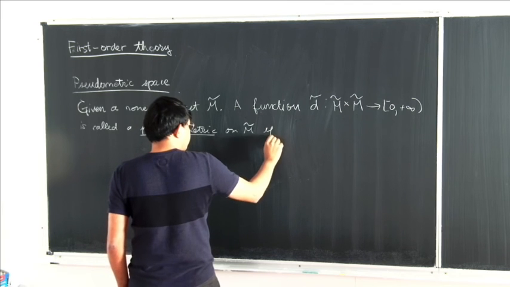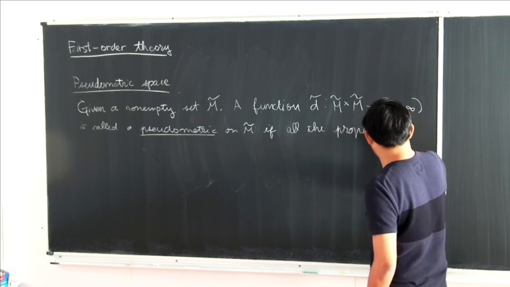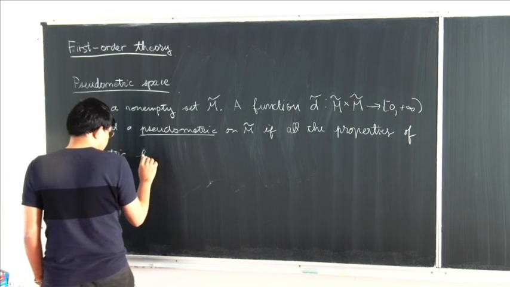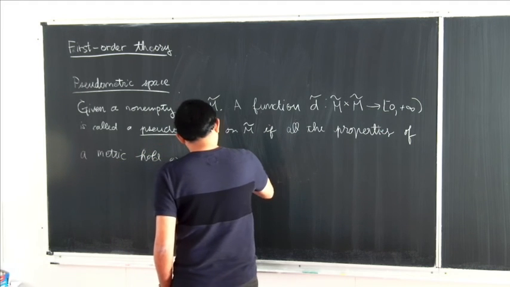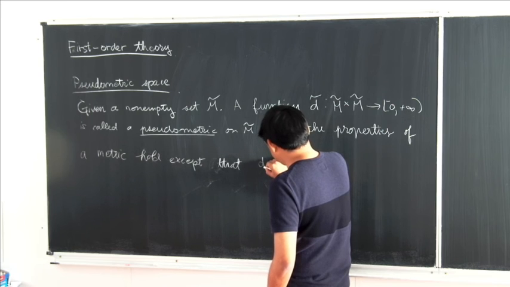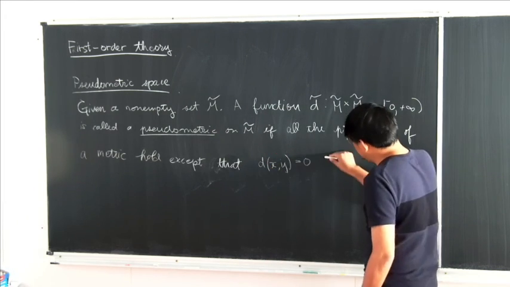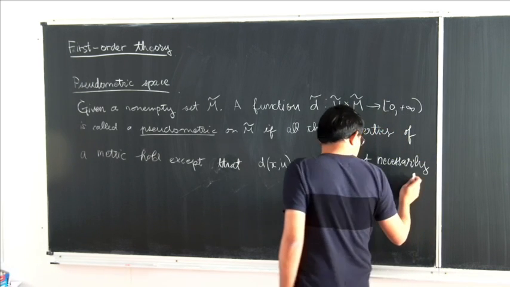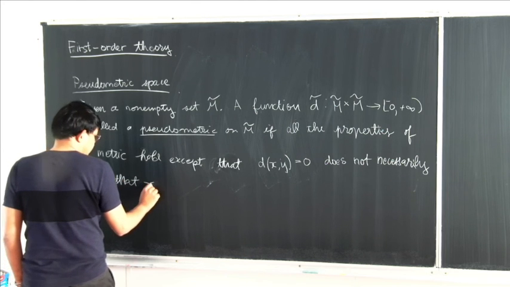on this M tilde if all the properties of a metric hold, except that d tilde(x, y) = 0 does not necessarily imply that x = y.